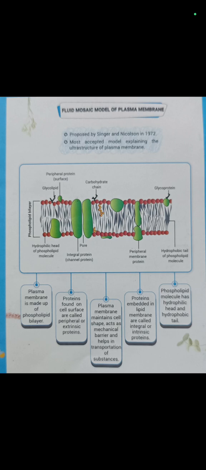Now, as you can see, this is the image of the fluid mosaic model. The red parts you can see are the heads of the lipid layer, and the black parts which are moving inside are the tails of the lipid layer. The head of the lipid layer is the hydrophilic head of phospholipid molecules.